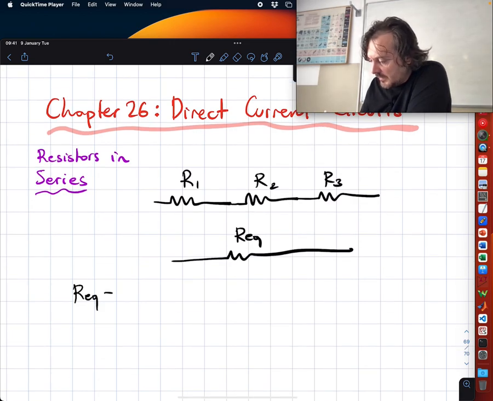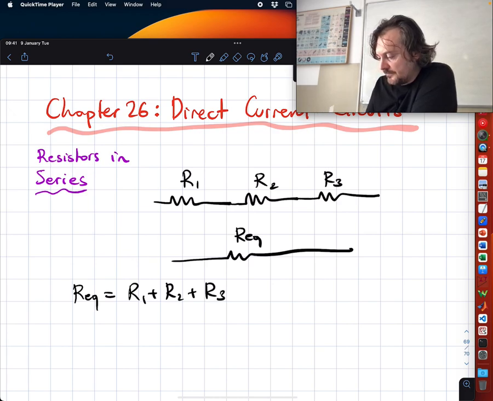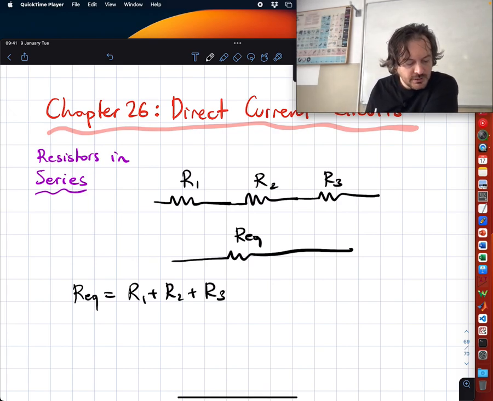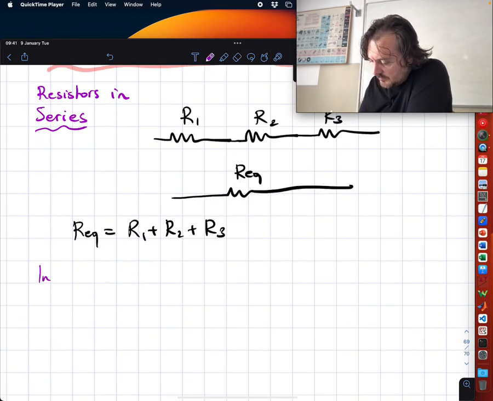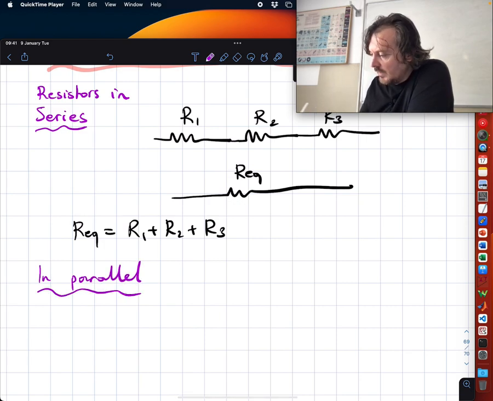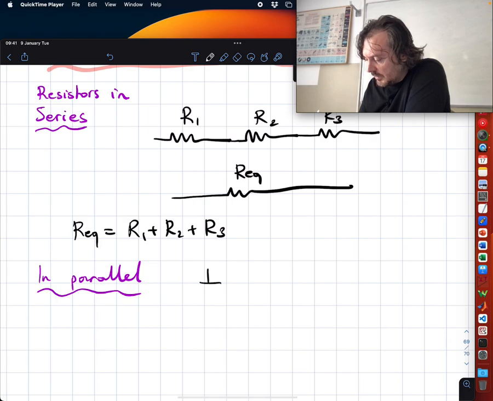R equivalent is R1 plus R2 plus R3. Do I not need to linger on this for any longer? You know this, right? And when they are in parallel, use the reciprocals. The reciprocals are equal, right?